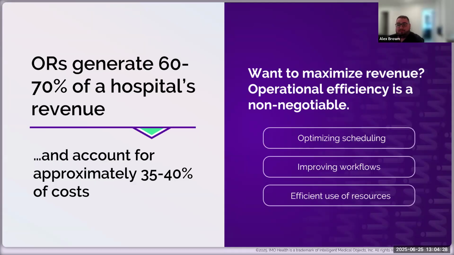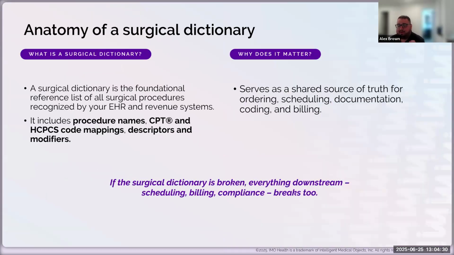What we're really going to focus on today is the connection between the perioperative revenue cycle and the surgical dictionary. To start, I want to make sure we are all using the same definition of a surgical dictionary. When we're talking about a surgical dictionary, we're talking about the foundational reference list of all of your surgical procedures as recognized by your EHR and your revenue cycle systems. It's essentially the list of procedures that you perform as an organization.